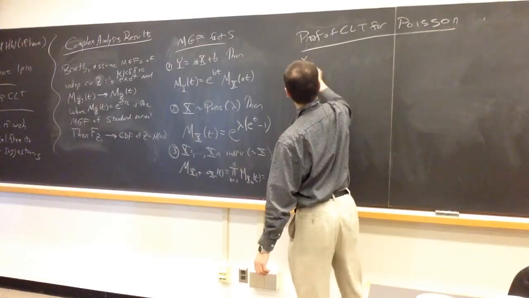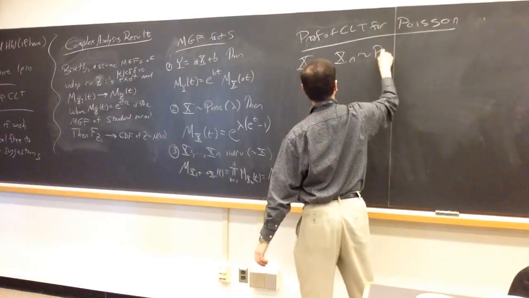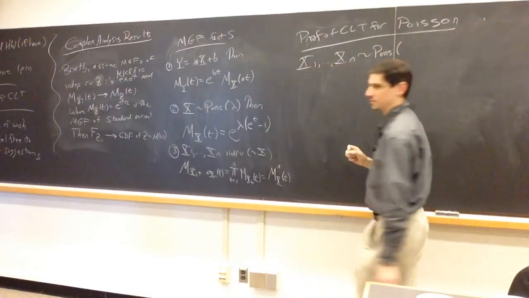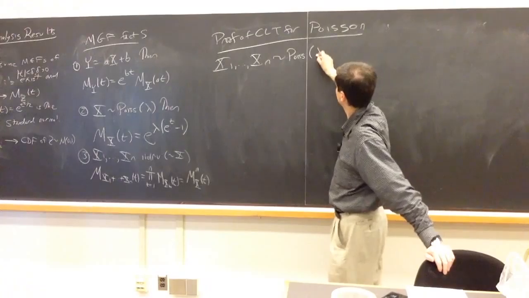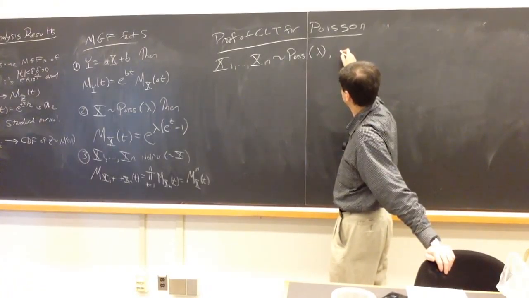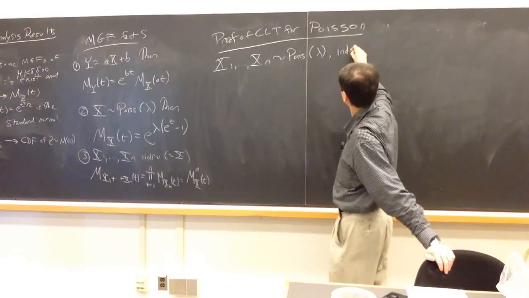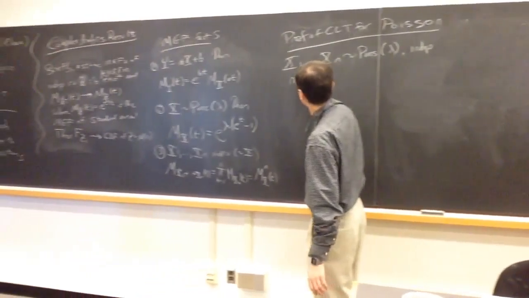So we will assume x1 through xn are all Poisson with what parameter? We might as well do it in general, with parameter lambda, and we will assume they are independent. What is the mean of a Poisson?